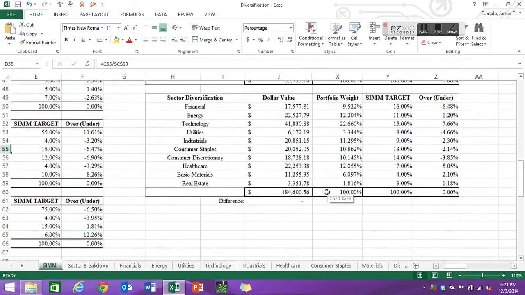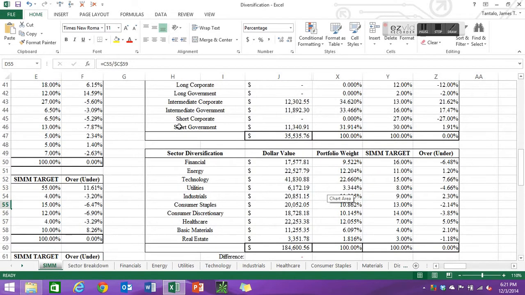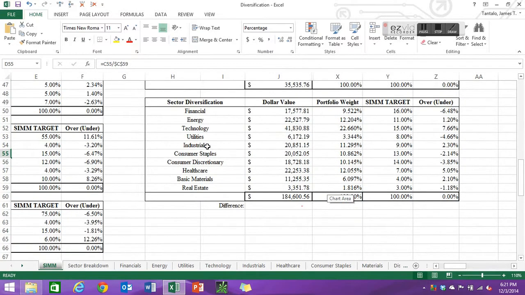And then lastly is our sector diversification. Besides fixed income, this is basically sector and size here. Our equities are broken down into 10 different sectors. So we've got financial, energy, tech, utilities, industrials, staples, discretionary, healthcare, materials, and real estate.